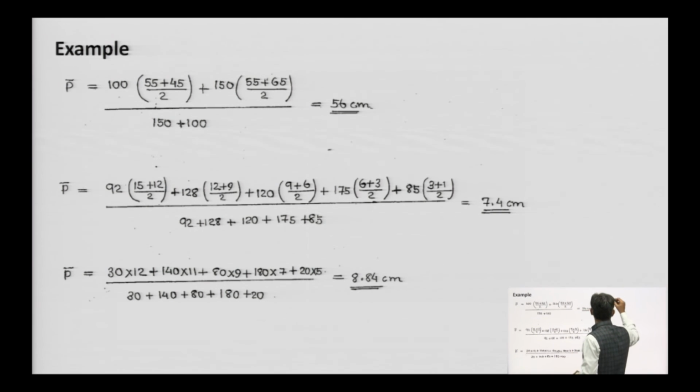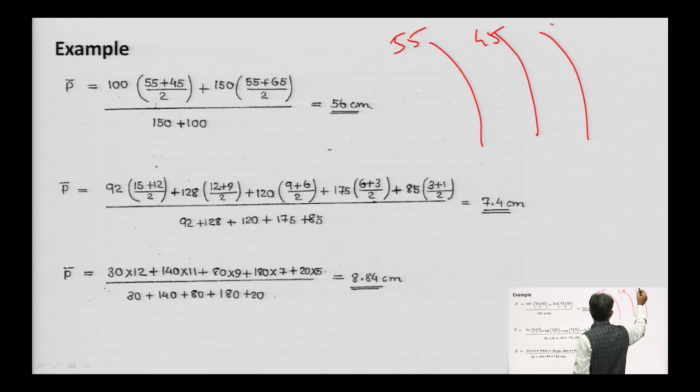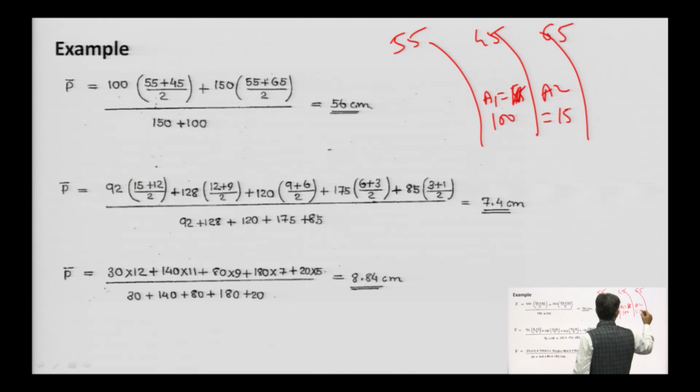This is the situation: 55, 45 and 65, and the area covered between these, A1 is 100 and A2 is 150.